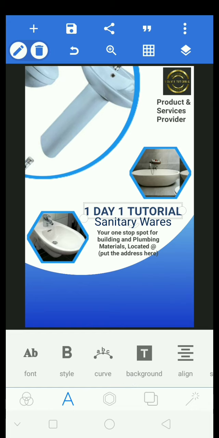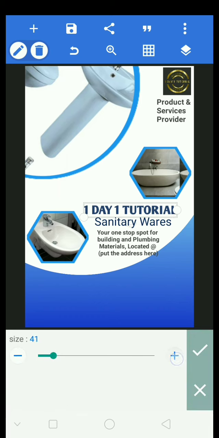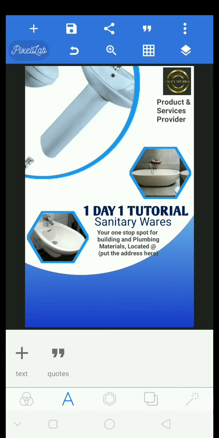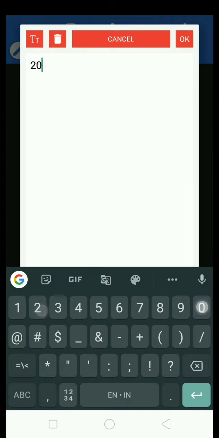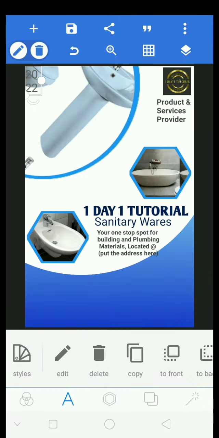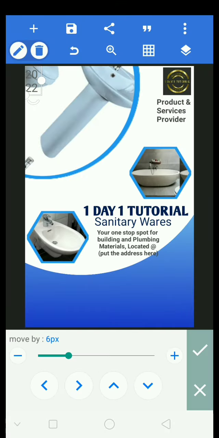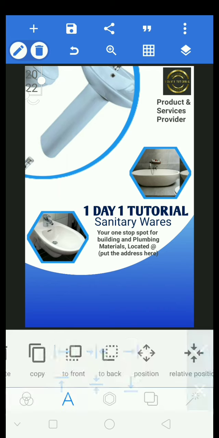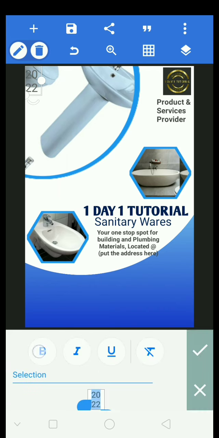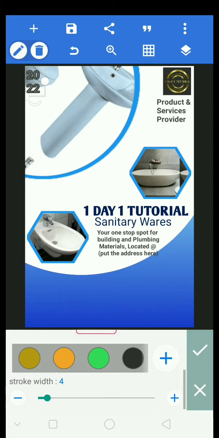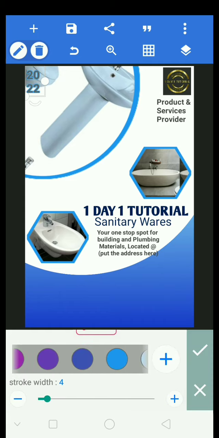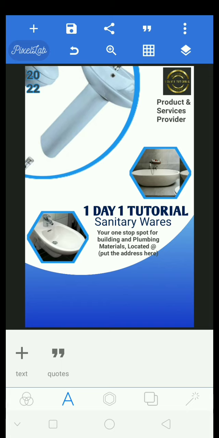So the highlight here will be the name of the company, and then the niche topic, the highlight of the products. This is the year of the brochure of the flyer made, so people will know that it is the latest version of the flyer. Let's make it blue.